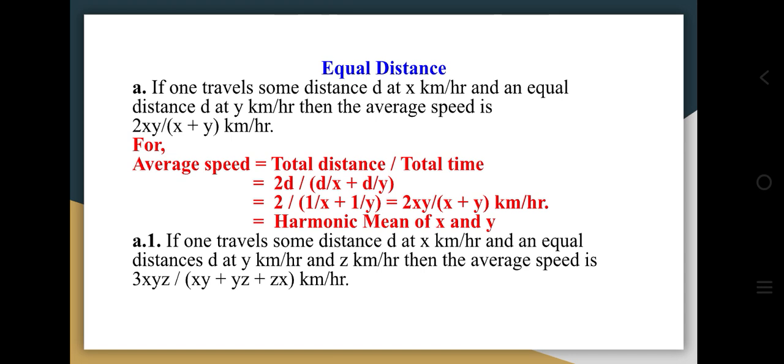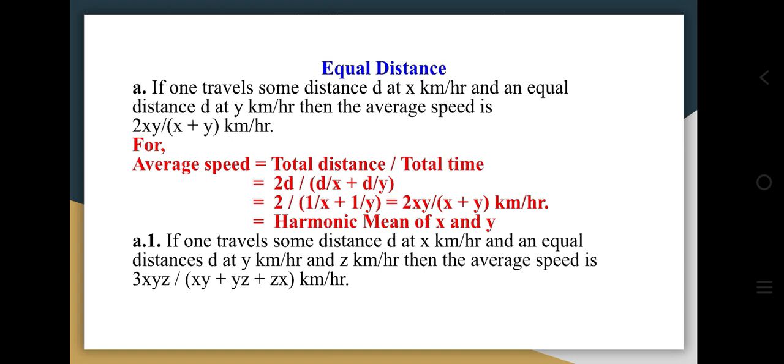Now the total time is the time taken for the first travel, where distance is d and speed is x kilometer per hour. So the time is distance by speed, so d by x.